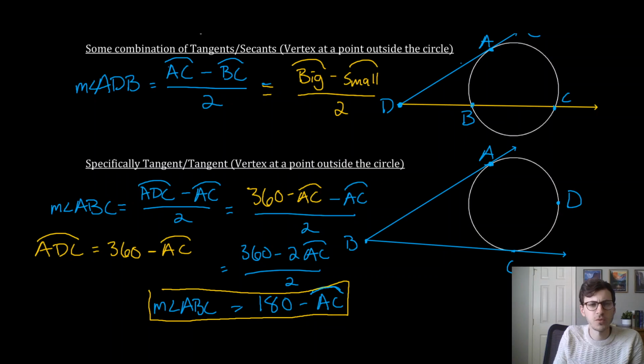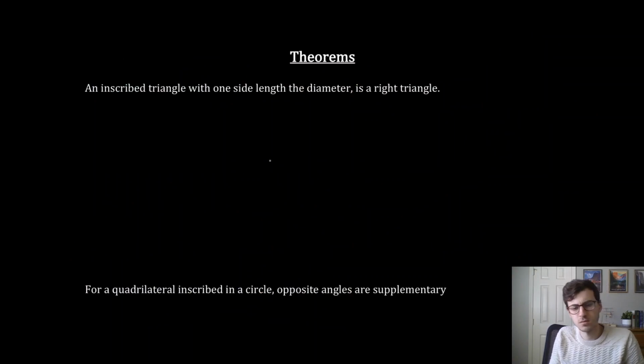Okay, just a couple of theorems that I wanted to talk about before we finish up these notes. An inscribed triangle with one side length the diameter is a right triangle.